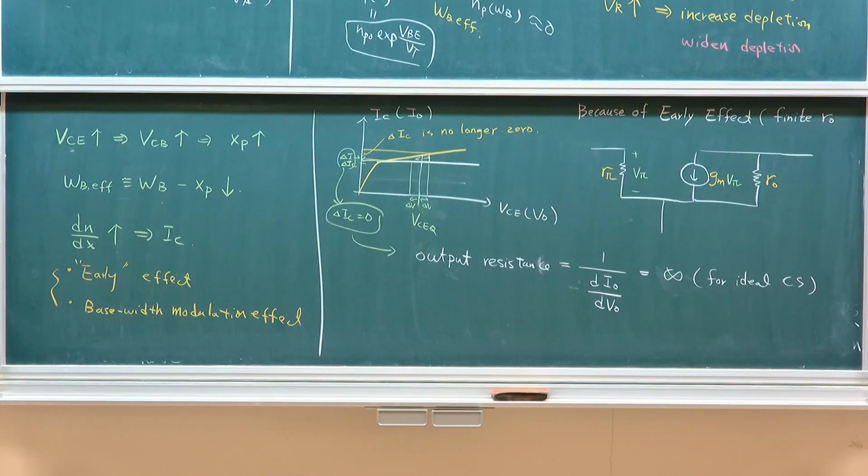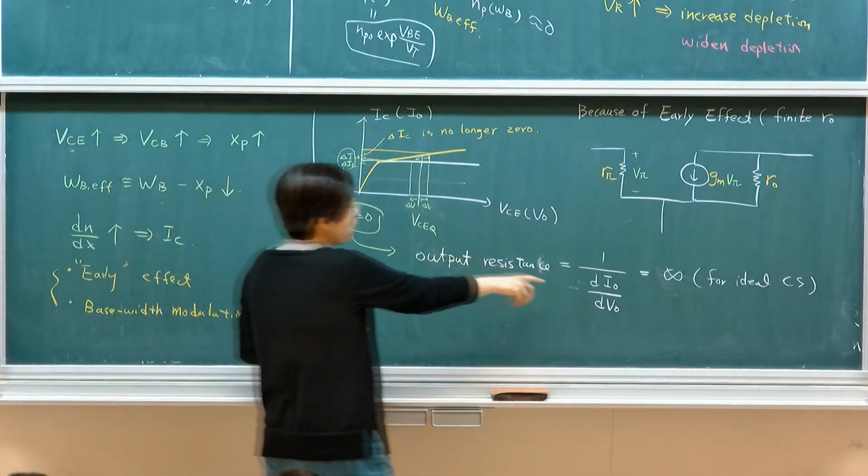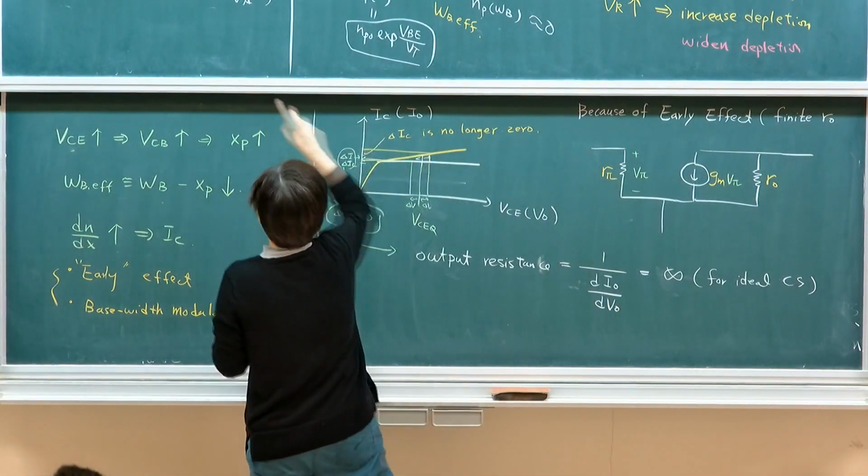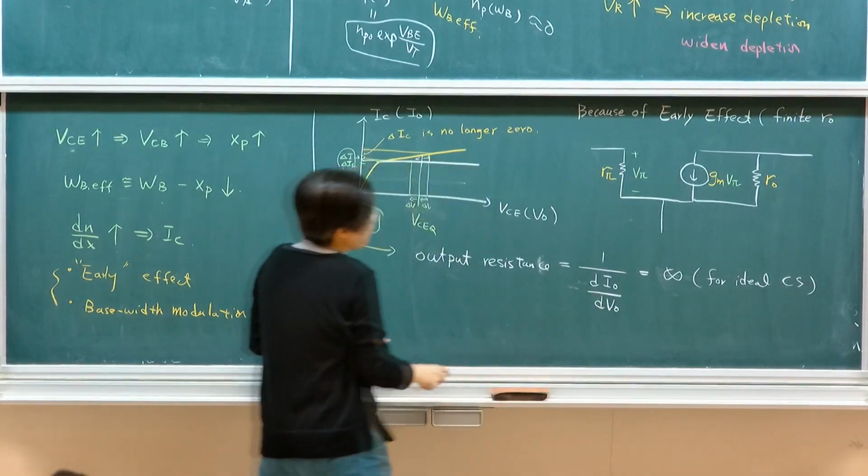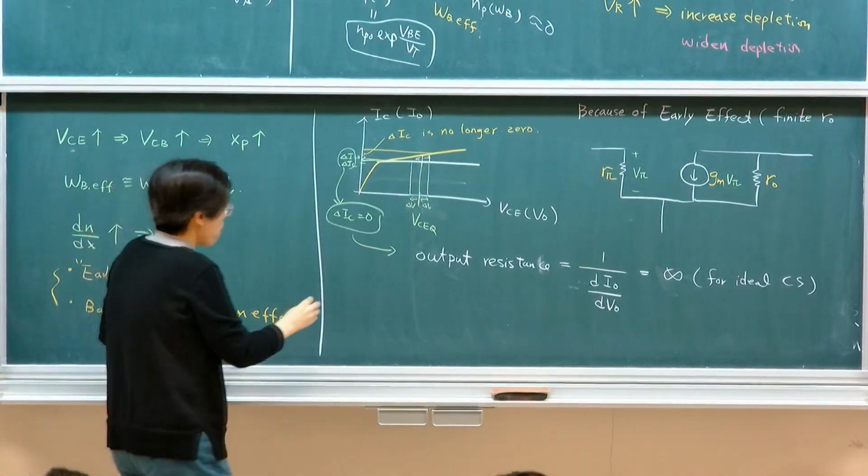You model this by the inverse of the slope. You can do it through the textbook, but you can insert that refined model into here and then get your output resistance.